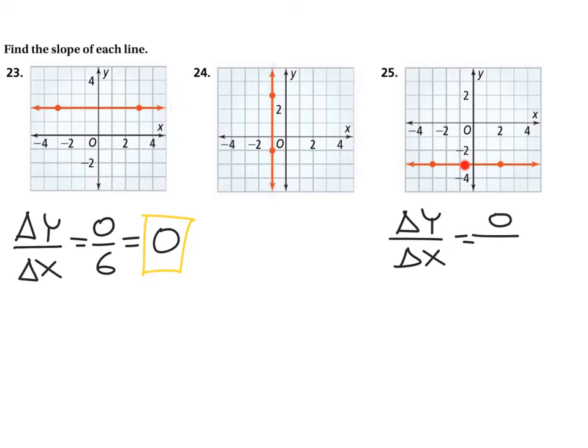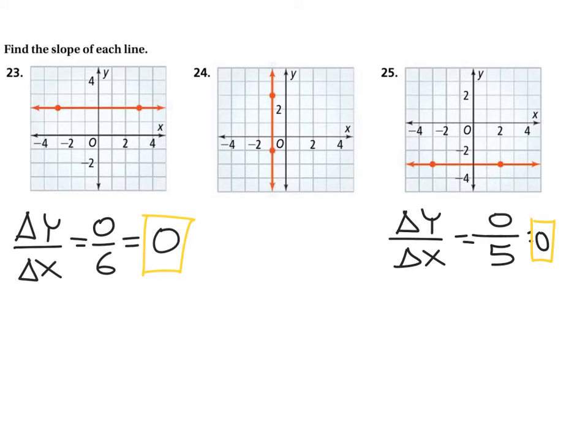We've got 1, 2, 3, 4, 5. We've got a change of 5. But again, that's equal to 0. So we have a slope of 0 for all horizontal lines.